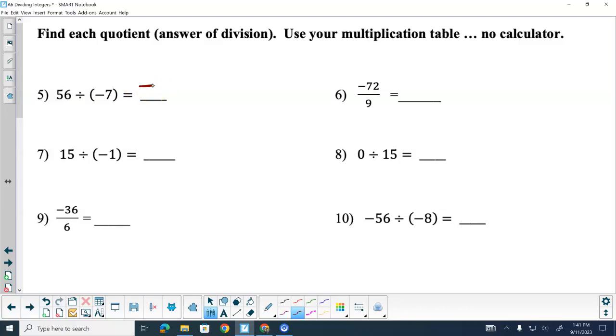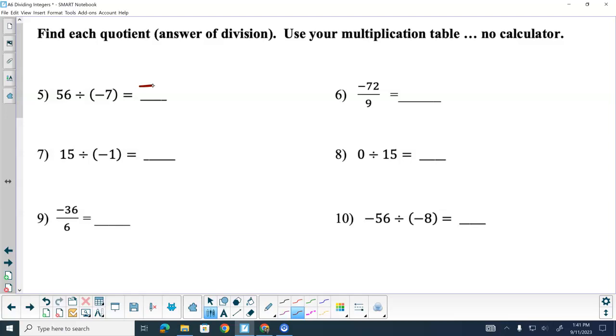On your 7 column or your 7 row, find where 56 is, and then go across or back up to find what it is.